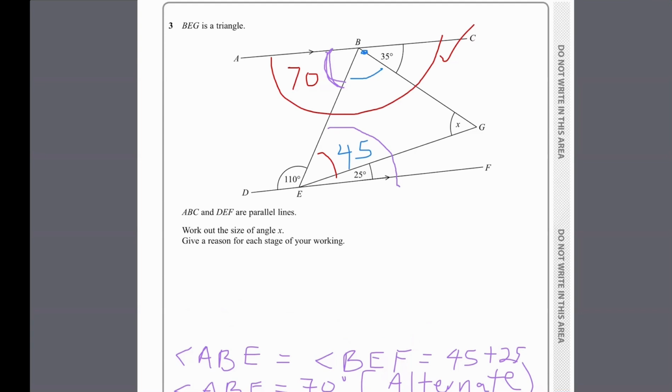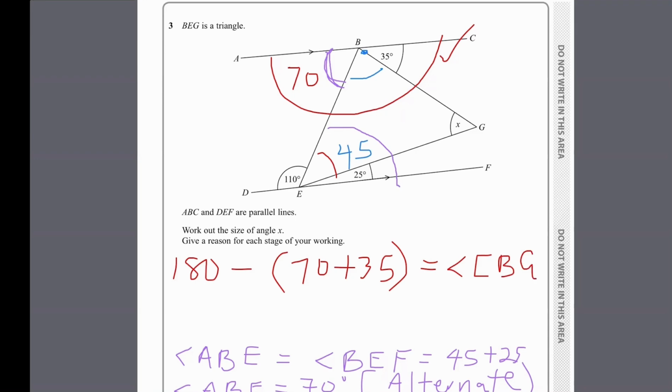So we can say 180 minus 70 plus 35 is the angle EBG. Angle EBG, from E to B all the way to G, is the angle shown in the middle, which I use the blue tick to show.